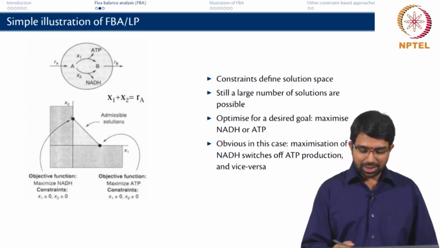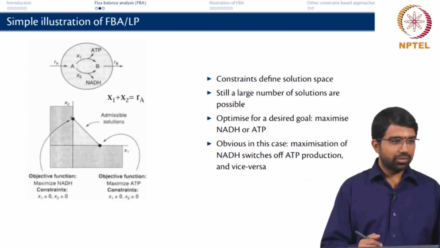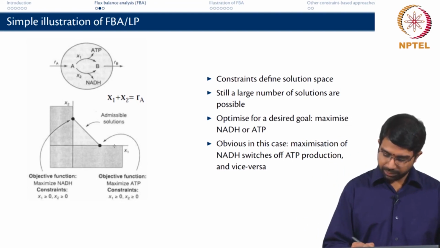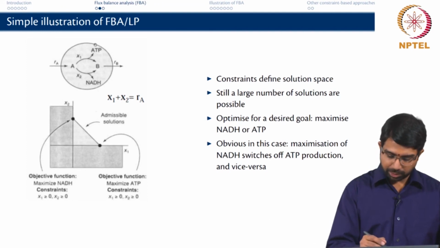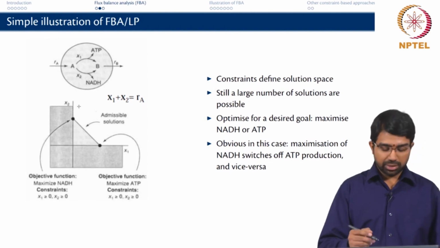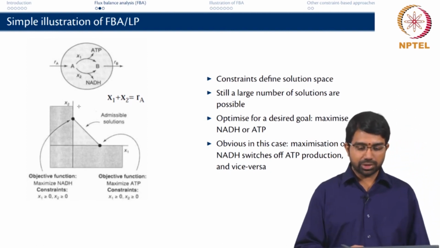So, here you basically have switching of one production and so on, right. So, in this case the maximization of NADH switches off ATP production and the maximization of ATP switches off NADH production, right. But you can have whatever appropriate objective function you want.